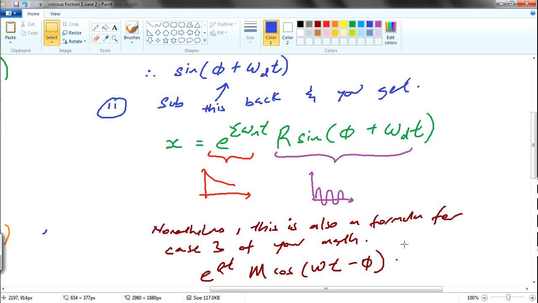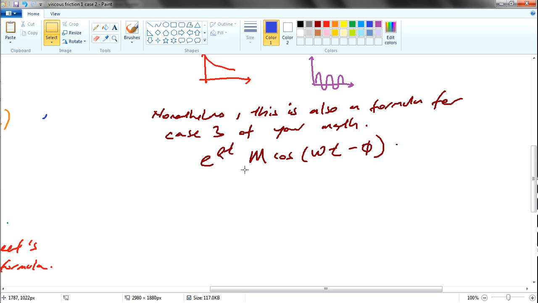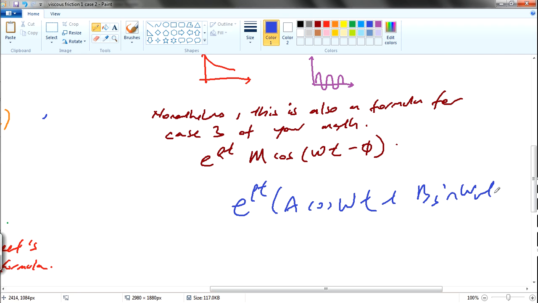Also, if you look at it properly, this is the form of your third case scenario in your maths. Although it's not explicitly defined, it's e to the rho t, a cosine omega t plus b sine omega t.